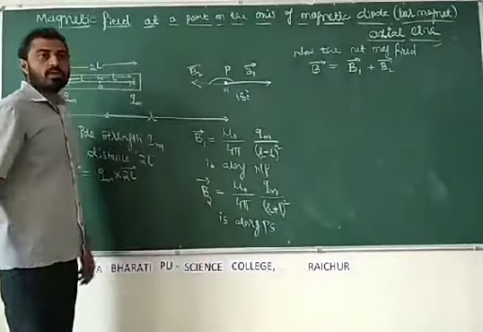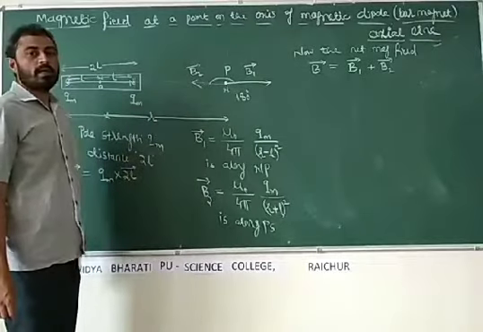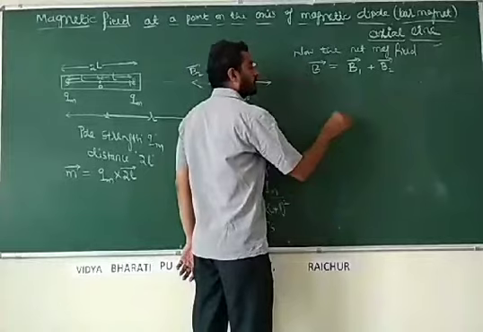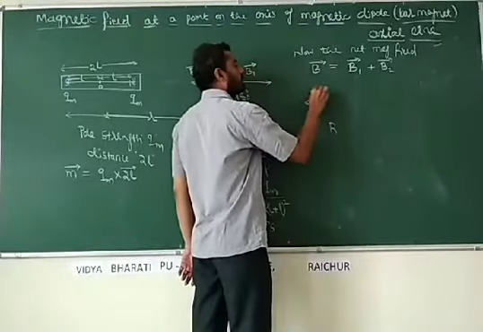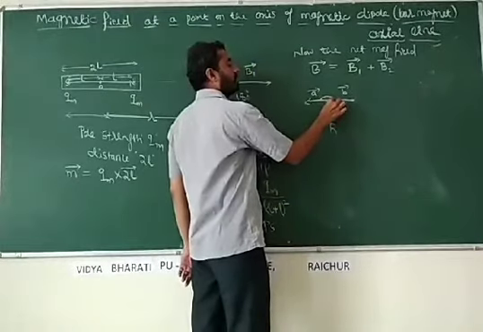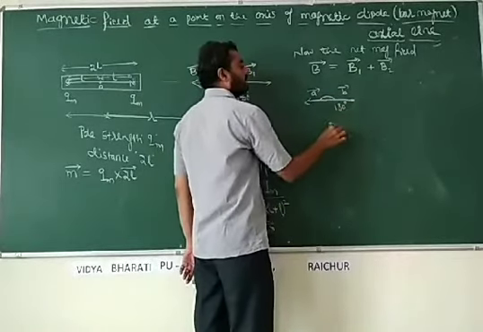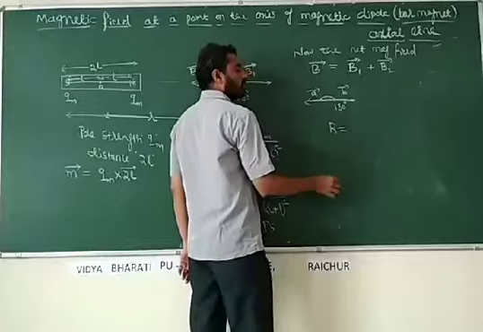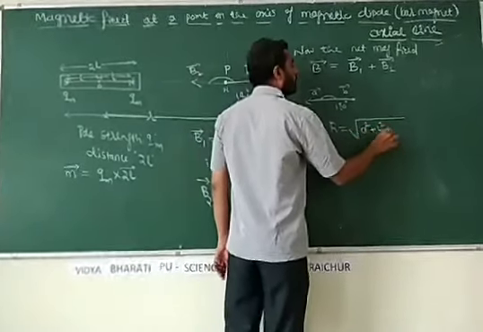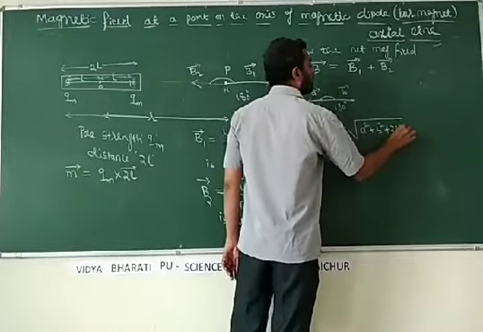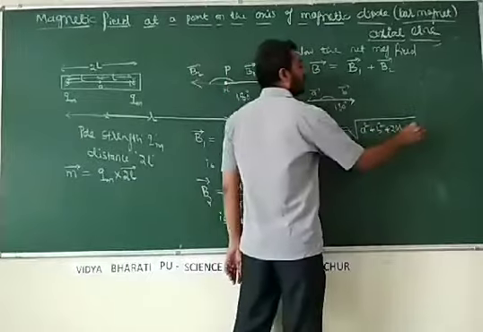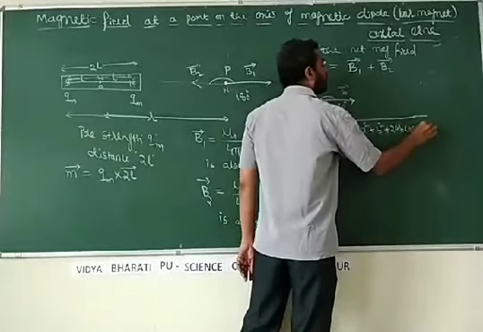In vectors we have studied, if the angle is 180 degrees, while finding the resultant vector of two vectors, if one vector is acting in this direction and the other in the opposite direction, A and B, with a 180 degree angle between them, then the resultant is R equals square root of A square plus B square plus 2AB cos theta. The angle between them is 180 degrees, because these two are acting in opposite directions.